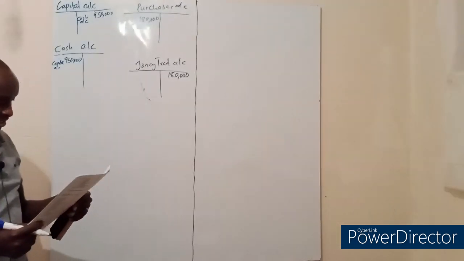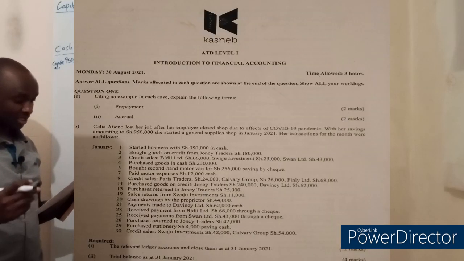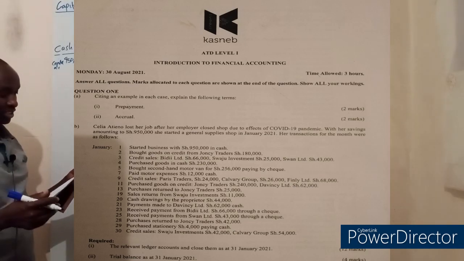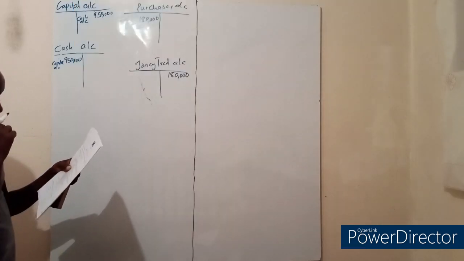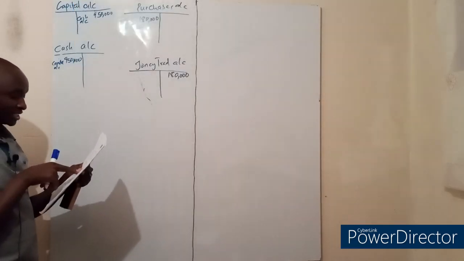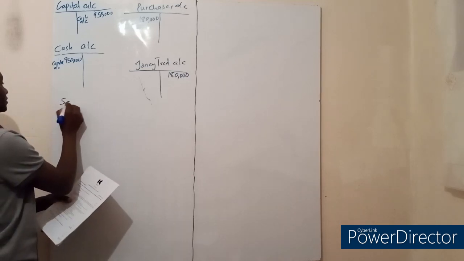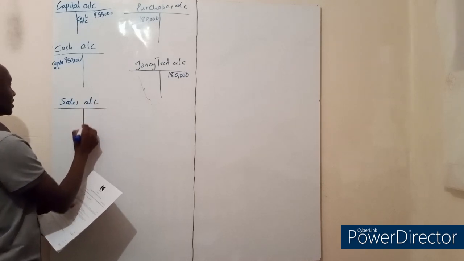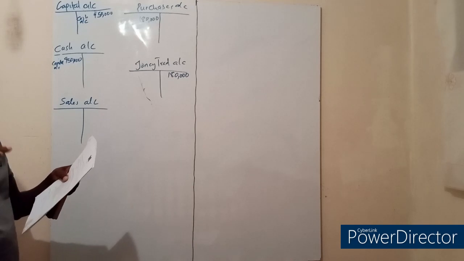So let's move to our third transaction. Credit sales to BD Limited 66,000, Swaju Investment 25,000, and Swan Limited 43,000. So let's start with identification of the two accounts. We have credit sales, so first of all, you have sales account. You have sales account, credit sales to BD Limited, Swaju and Swan.